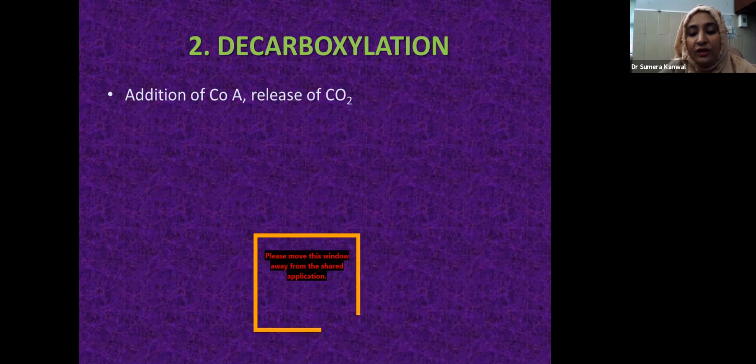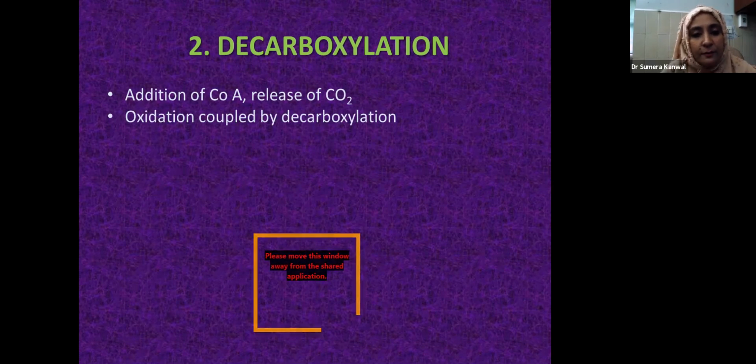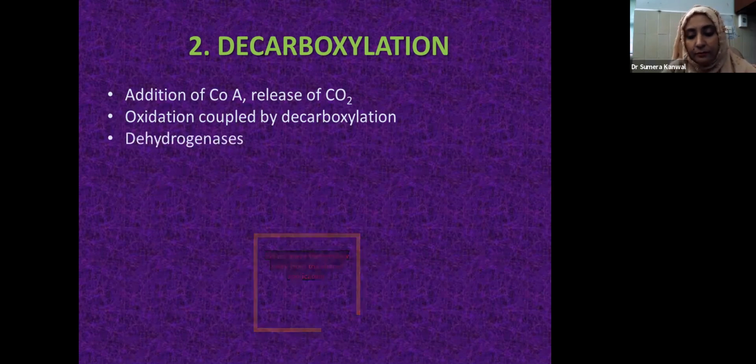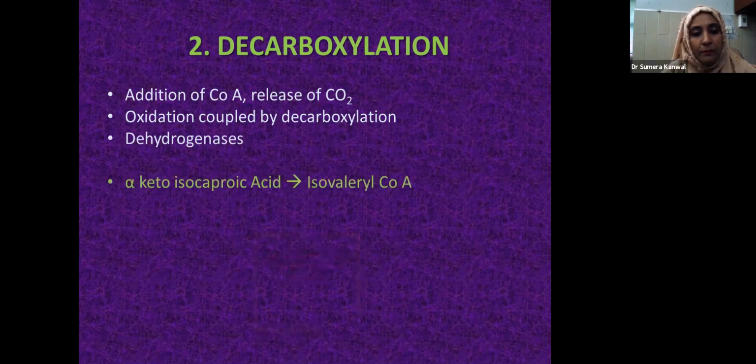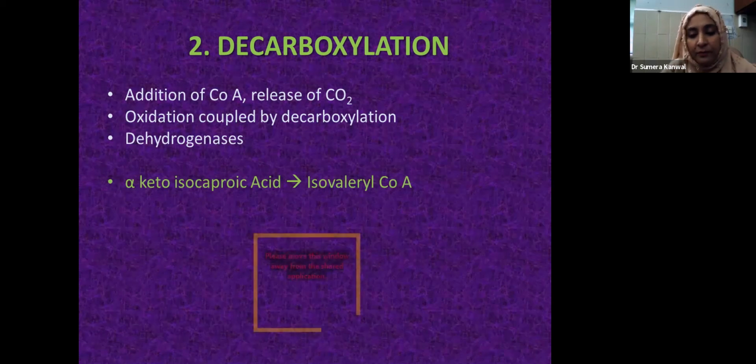So after transamination, these alpha keto acids undergo oxidative decarboxylation, the oxidation reaction coupled with decarboxylation, catalyzed by the enzyme dehydrogenases. The alpha keto isocaproic acid, which is coming from leucine, upon oxidation and decarboxylation, meaning the removal of one carbon and addition of coenzyme A, becomes isovaleryl CoA, one carbon less.